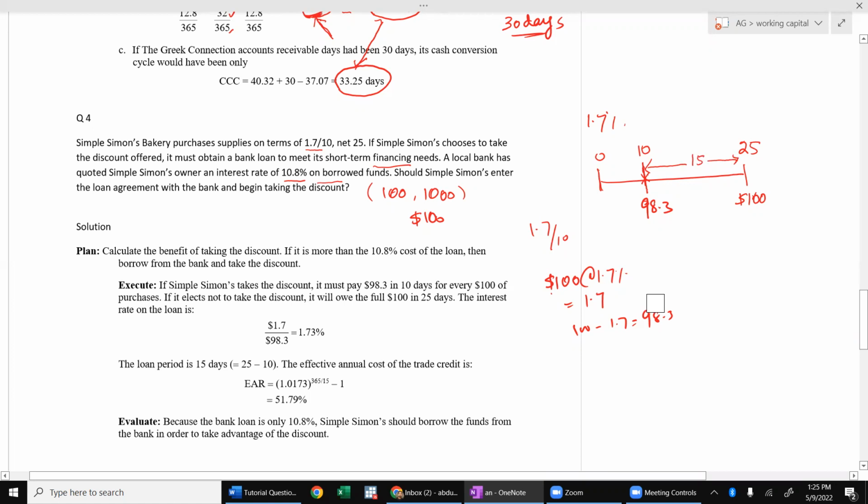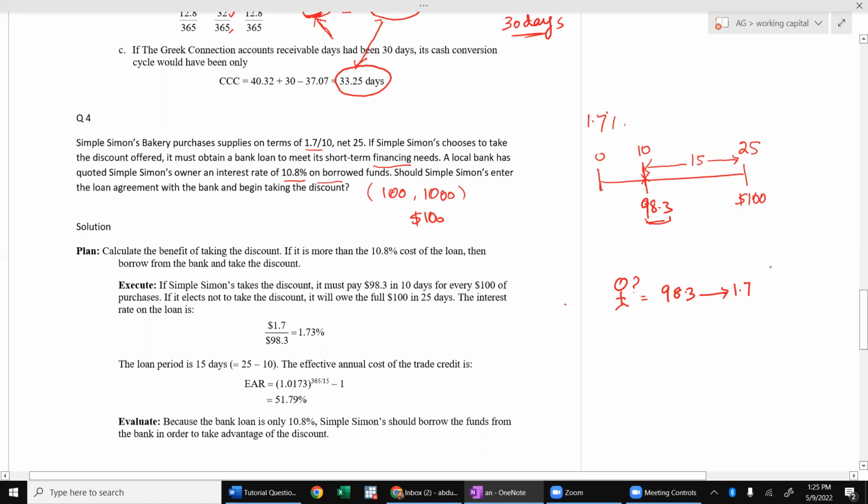Okay, so now you are thinking whether you should pay 98.3 as a customer to take a discount of 1.7, or should you use the 98.3 for the remaining 15 days and not take the discount?